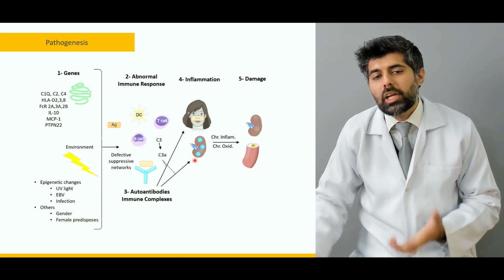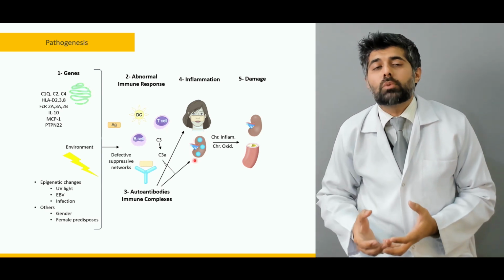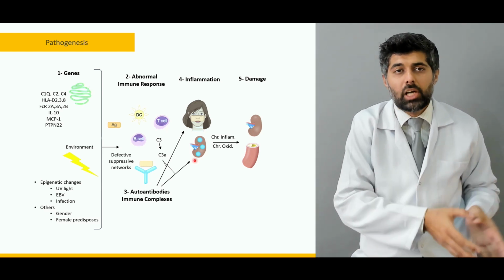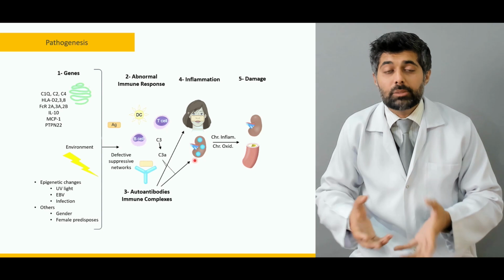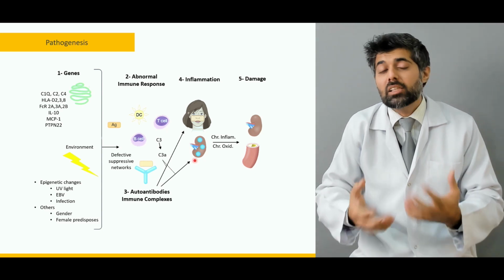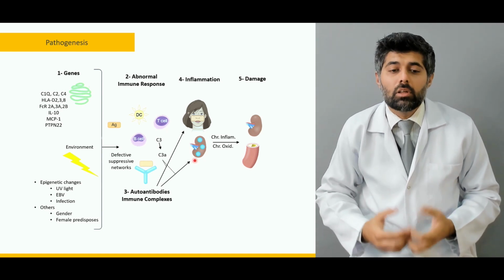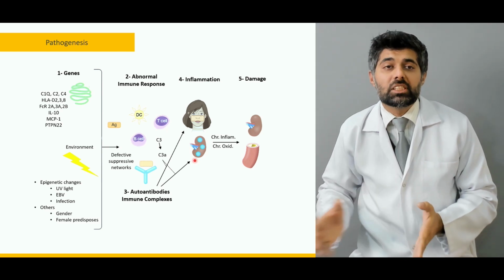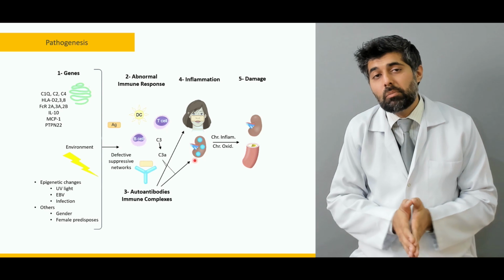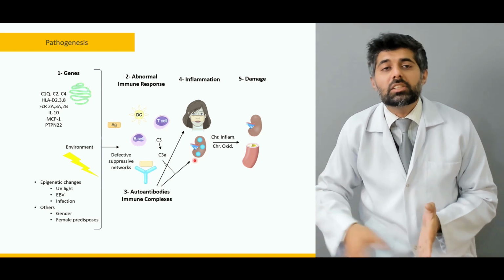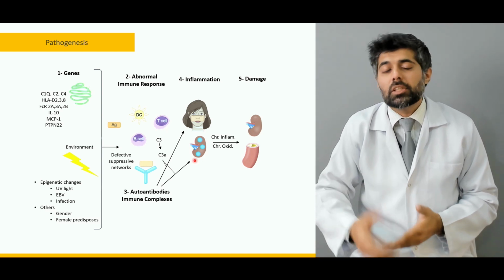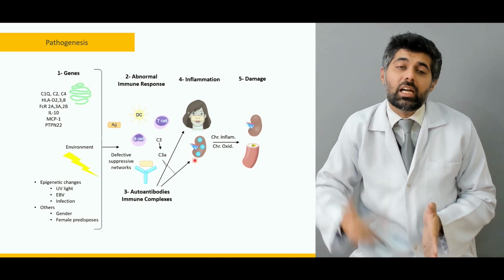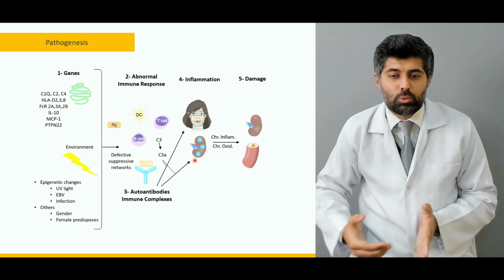Now, usually what happens is, in a normal response, the inflammation should have subsided over time. Now, because the response was abnormal and the suppressive network was defective, the inflammation persisted. And because the inflammation persisted, this resulted in certain clinical presentation and the disruption of the function and structure of the cells and tissue.